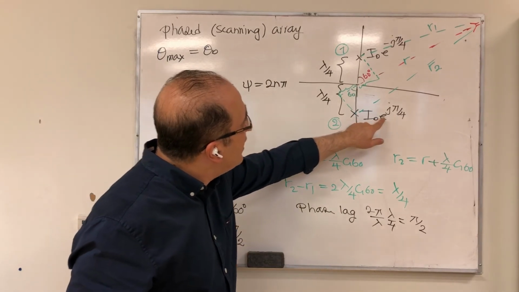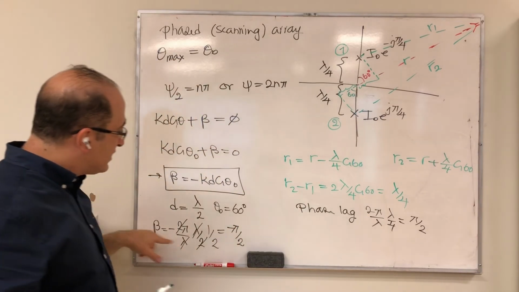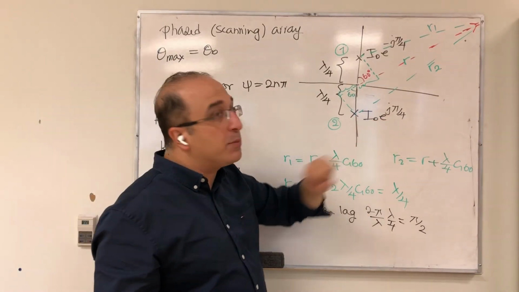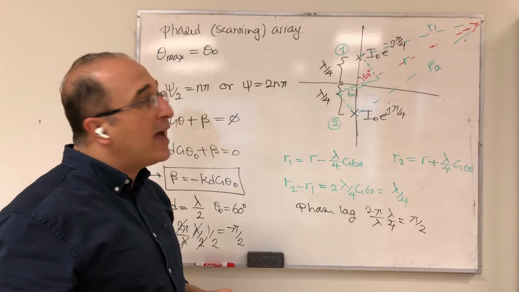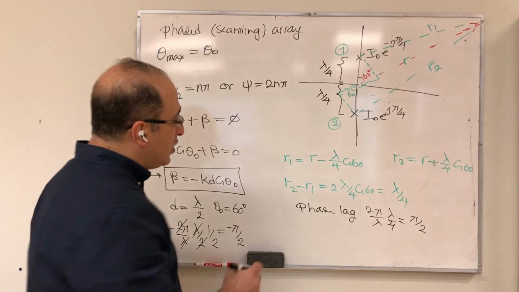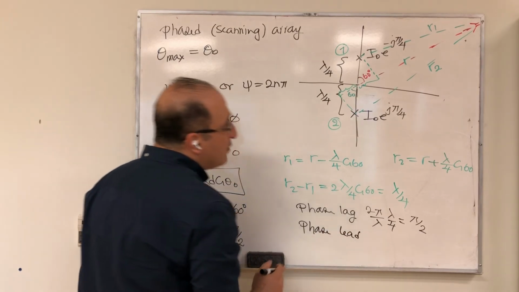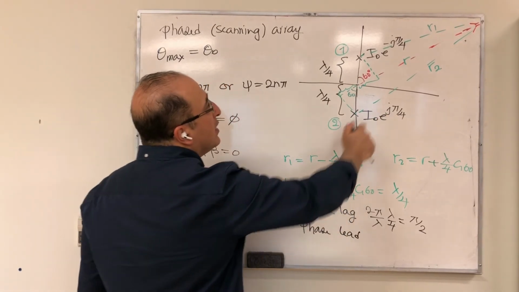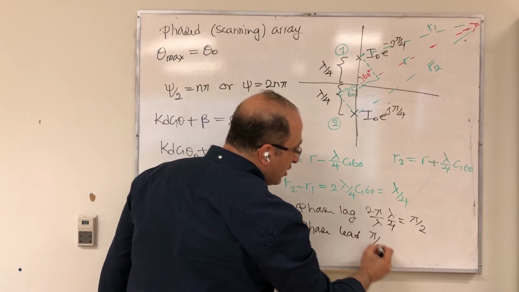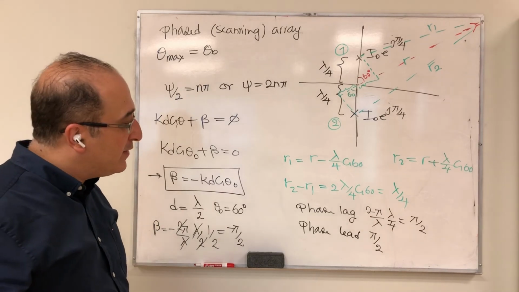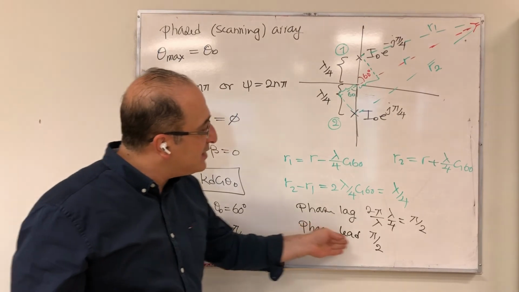But this one has a phase lead because of the excitation, because your β was negative, remember? So when we plugged it here, it became positive. Now, how much phase lead does this one have compared to this one? It has π/4 minus minus π/4, so it becomes π/2. It becomes 90 degrees.